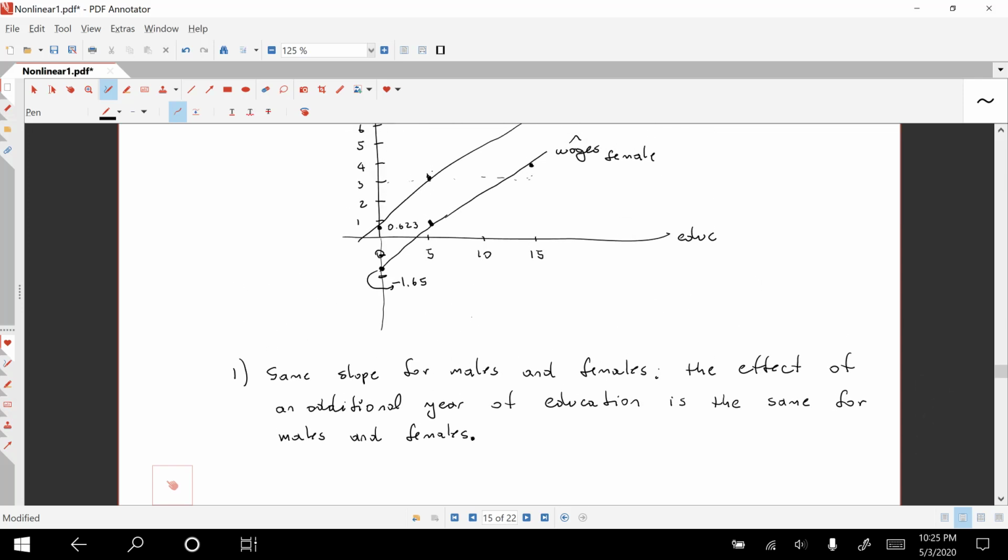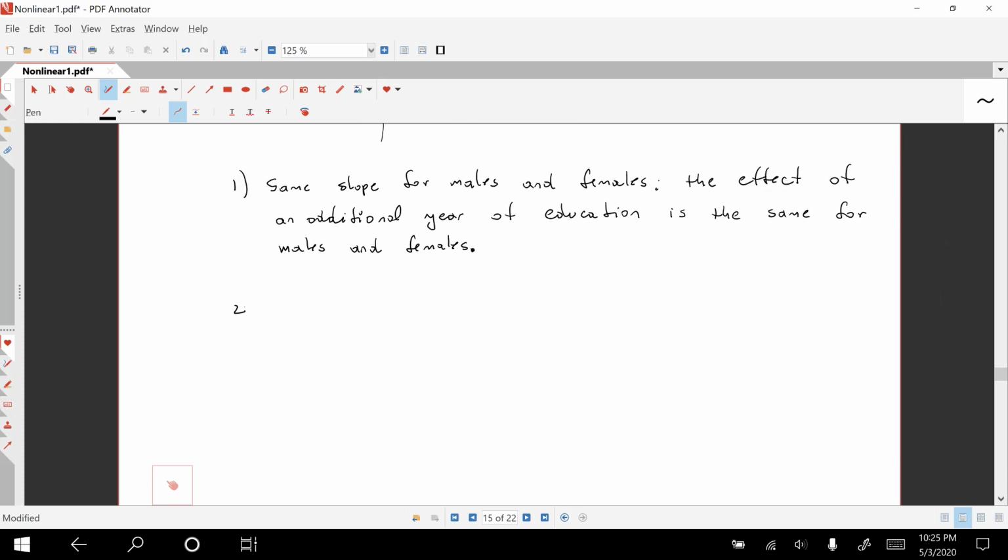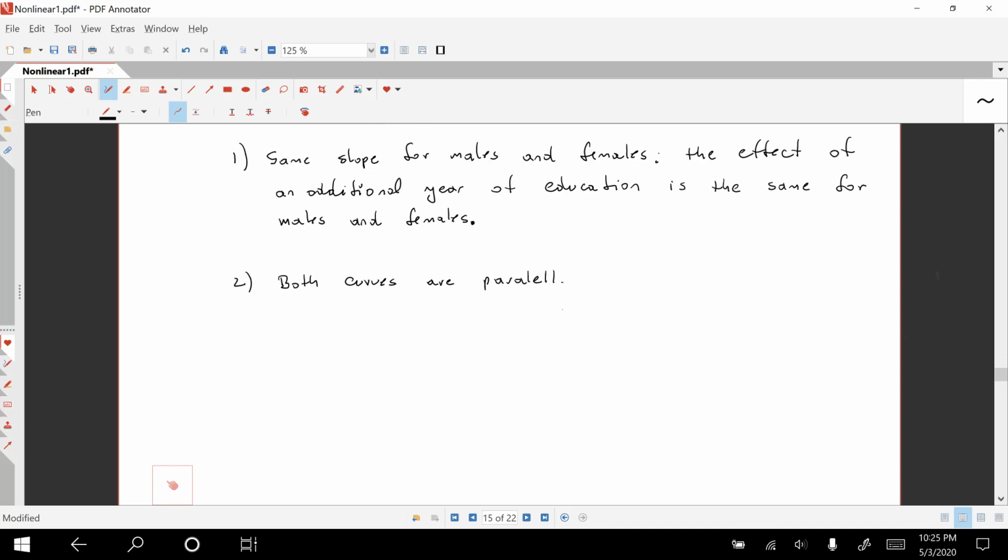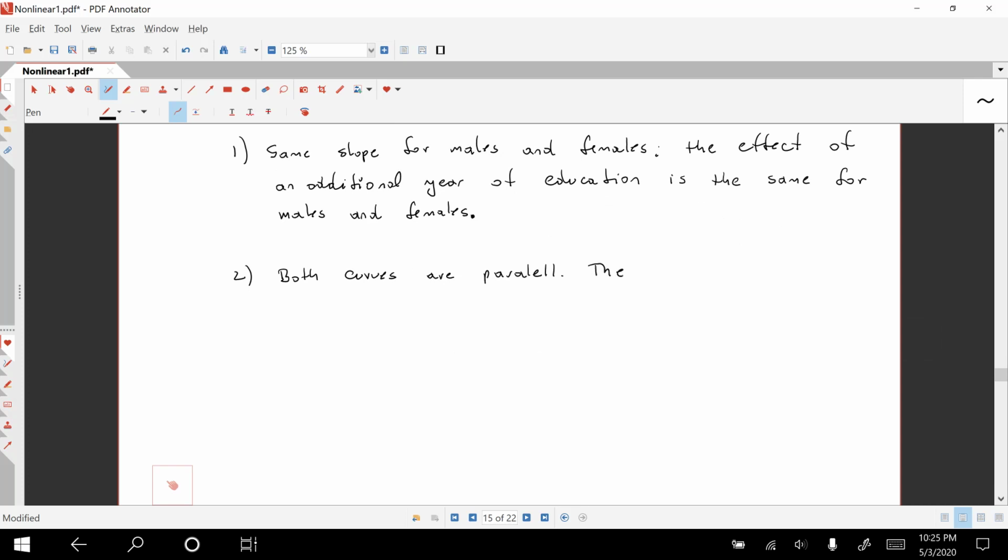And the other thing is that both curves are parallel, which basically means that the differences in wages for males and females is the same, ceteris paribus.